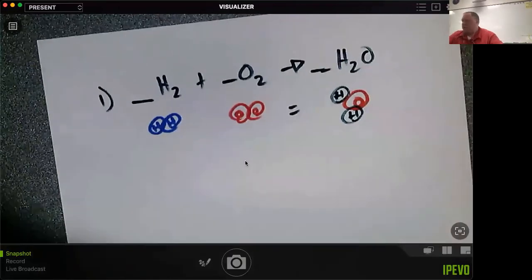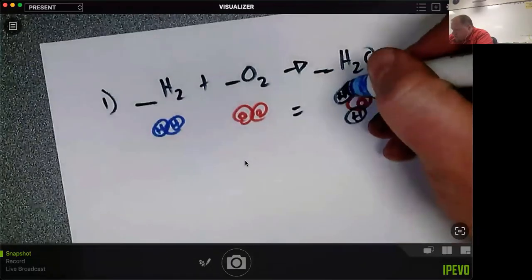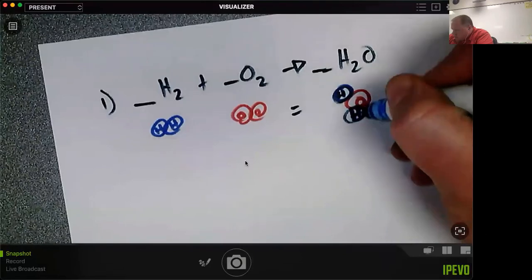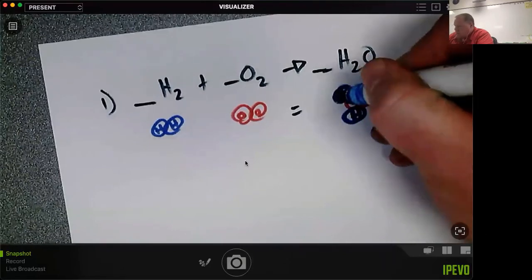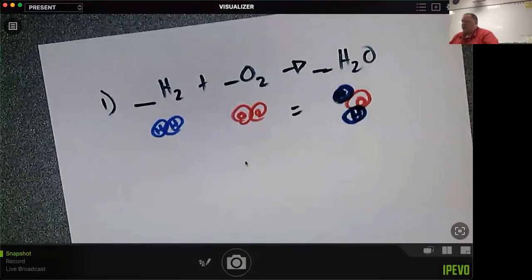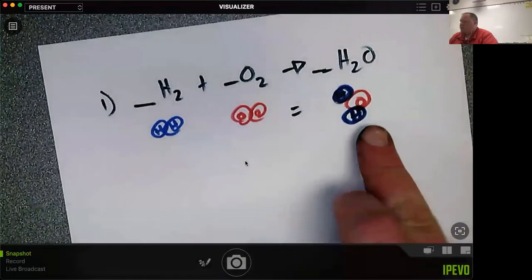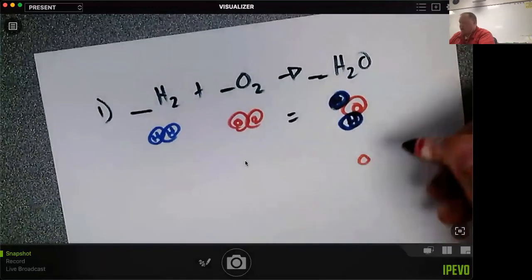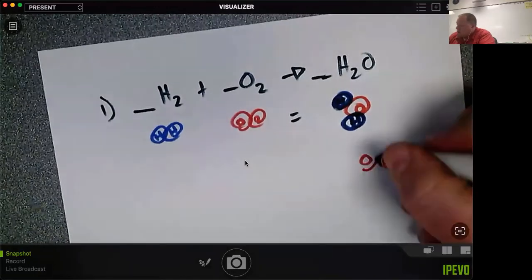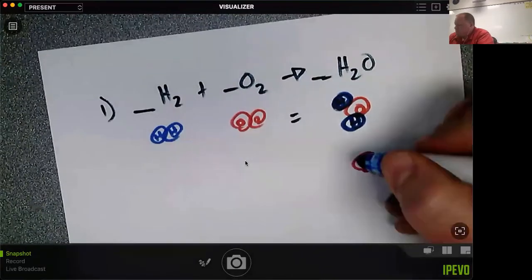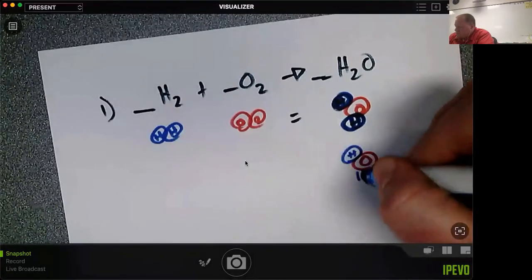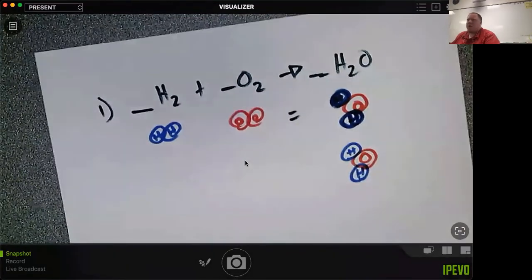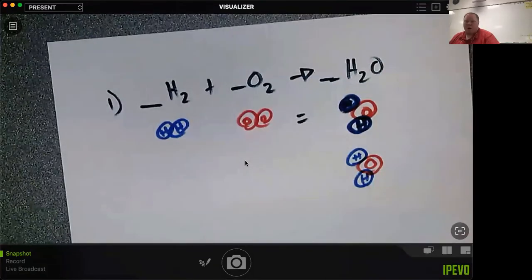Oh, I used the wrong color. Right? Now, the hydrogen's fine, but the oxygen's not. Okay, there's 1 oxygen and 2 oxygen. So what I'm going to do is add another oxygen over here by adding another water molecule. Okay, now oxygen's fine, but that screwed up hydrogen.